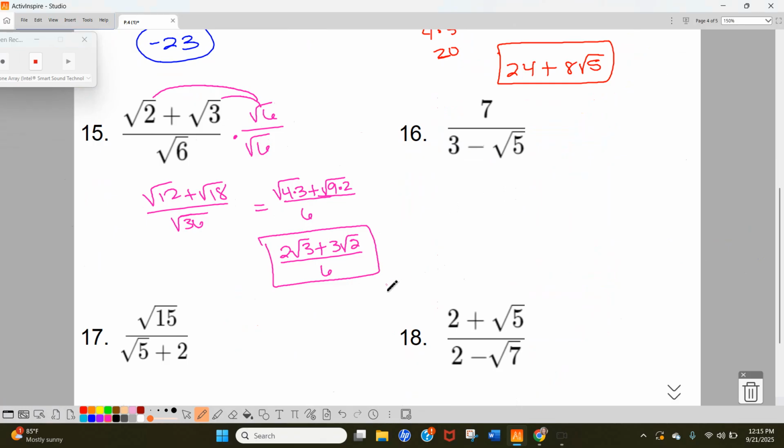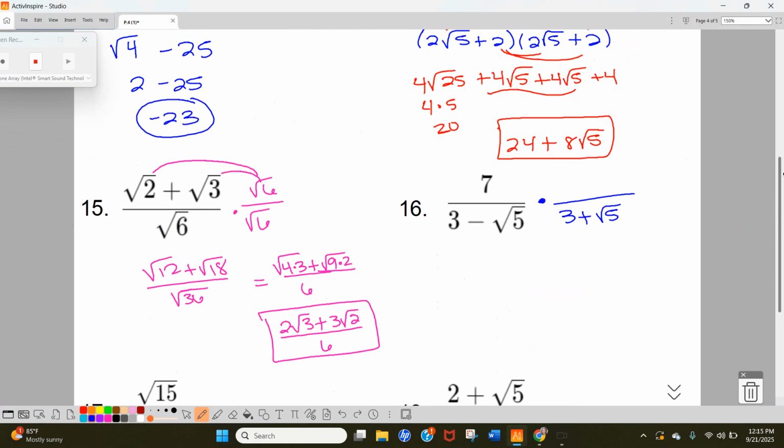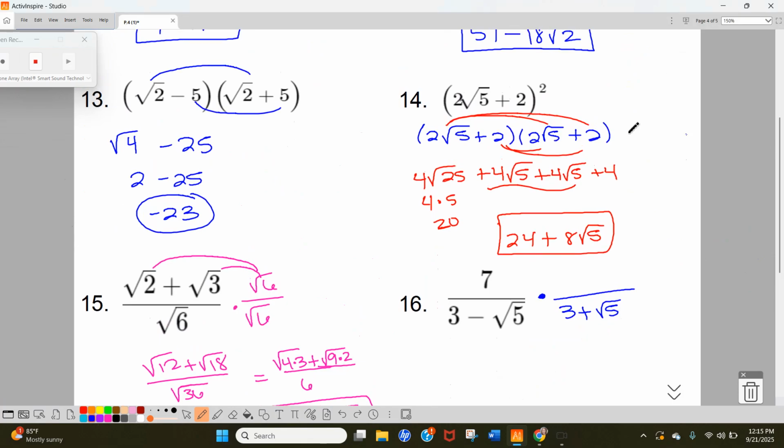All right, so here is what should not be news to you because you did it in Algebra 2, but we haven't done it so far in this class. If we multiply by the conjugate, then we will get rid of the radical. So if you think about number 13 up there, where we multiplied conjugates, that radical went away. That always happens. If you multiply conjugates, your radical always goes away.